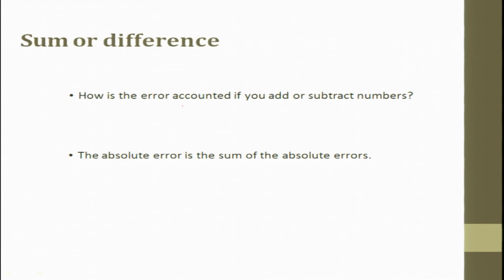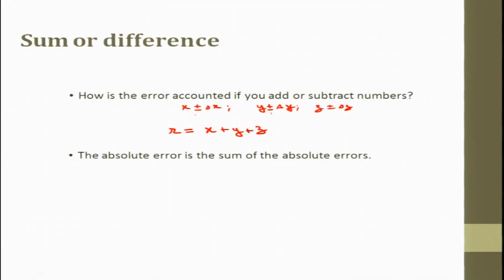For instance, if there are 3 values for which the error is such as, for x the error is delta x, for y the error is delta y, and for z the error is delta z. So what happens when the final outcome, the resultant, is equal to x plus y plus z? What do you think? How would the errors behave in this case?